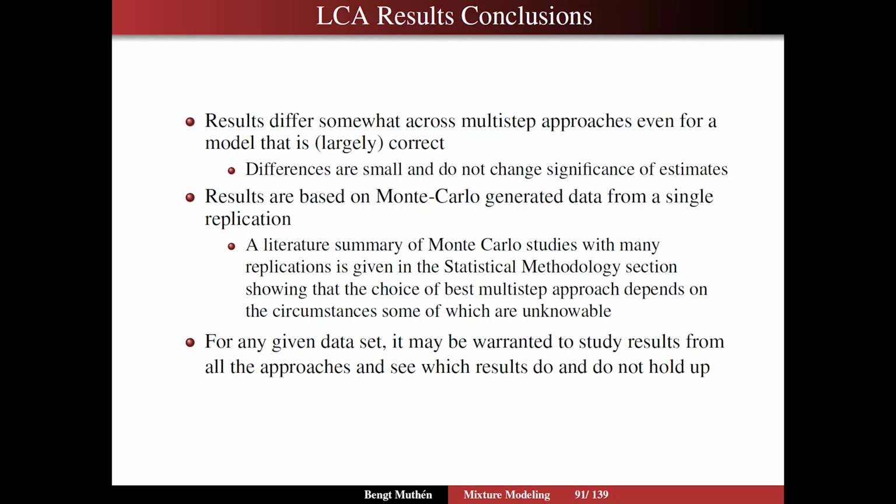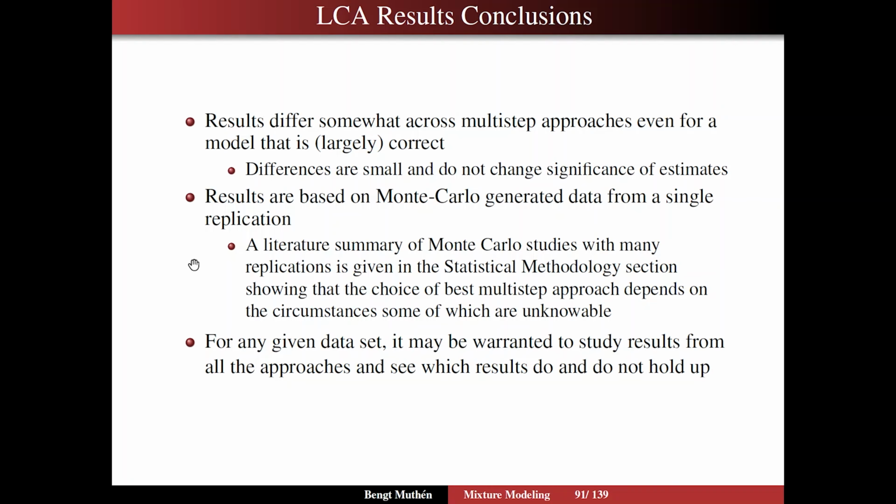We don't take into account the correct missing data mechanism because we typically don't know what it is. But the differences are small, ignorable I would say, and do not, by and large, change significance of the estimates. And you have to keep in mind that these results are based on Monte Carlo generated data from a single replication.